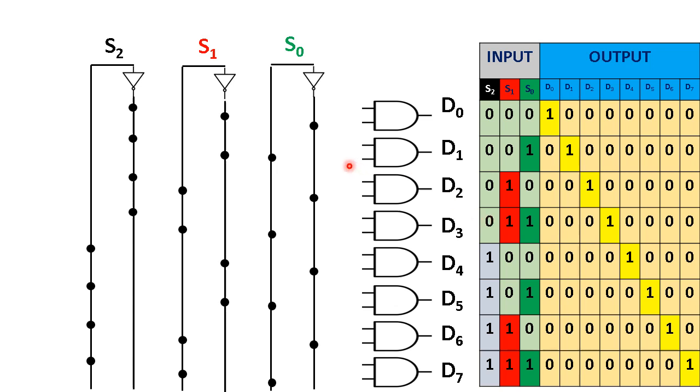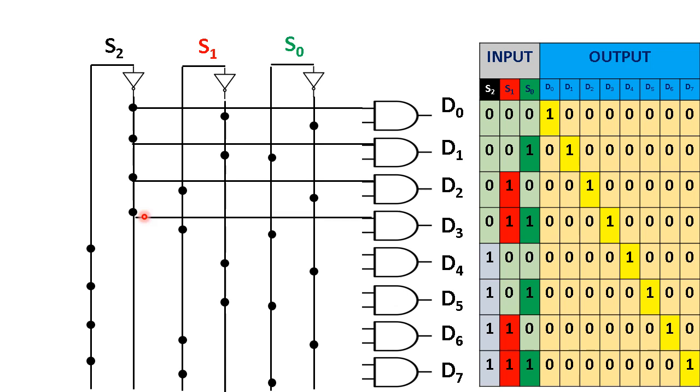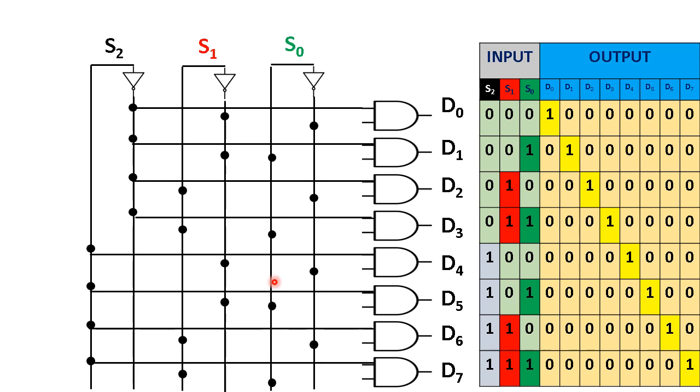So in the logic diagram, complemented forms will be passed to D0, D1, D2 and D3 for S2. Now for the remaining 4 rows S2 has ones, so its uncomplemented form will pass to the remaining 4 gates. So it will be like this.